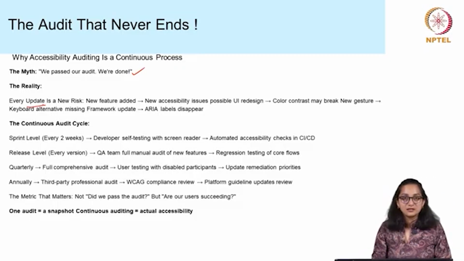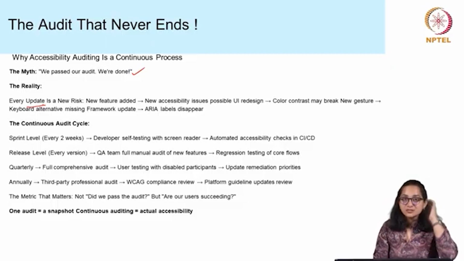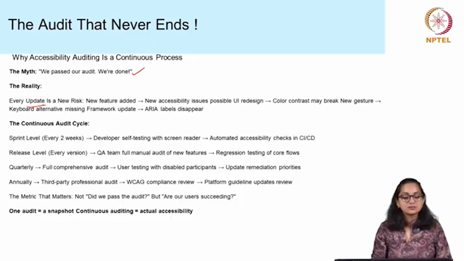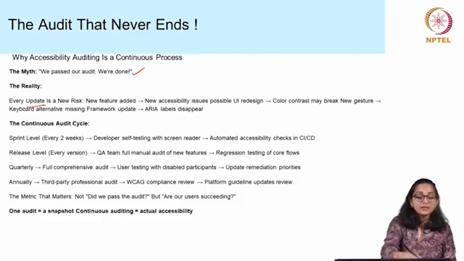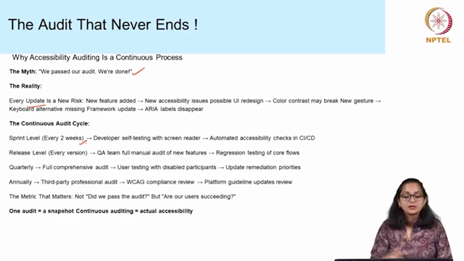If a new feature is added that is not compliant with the existing accessibility value system, there is limited consistency, and you have to retest it. So it is very important that a continuous audit cycle is practiced. One is that every two weeks there is an accessibility audit where the developers themselves do the testing.